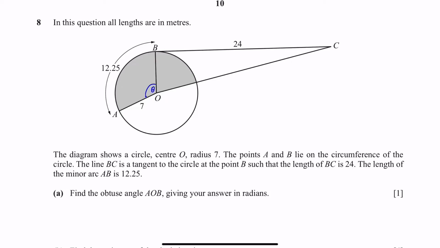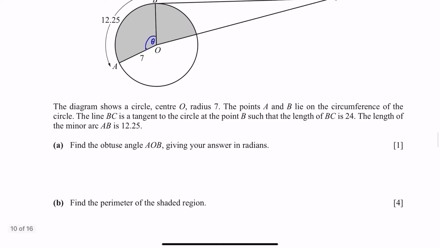So we know that r theta would give us the arc length, right? So 7 times theta equals 12.25, and theta would be 1.75.